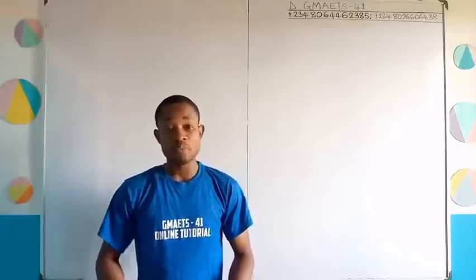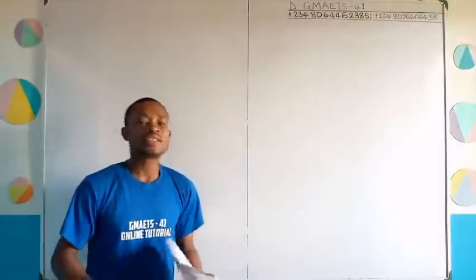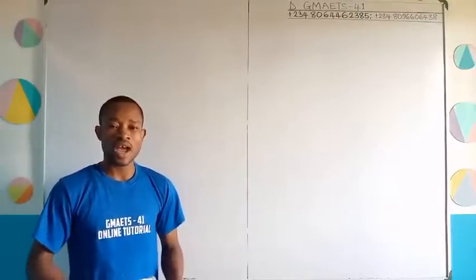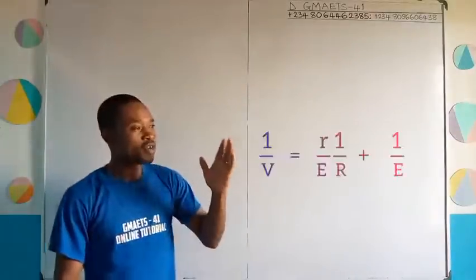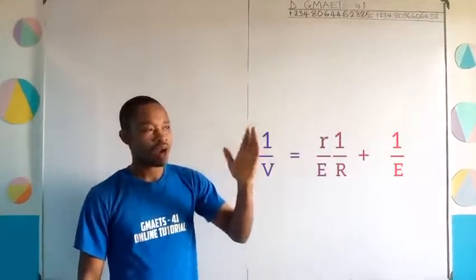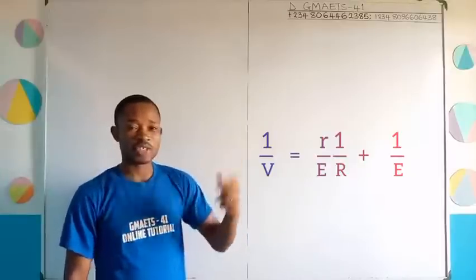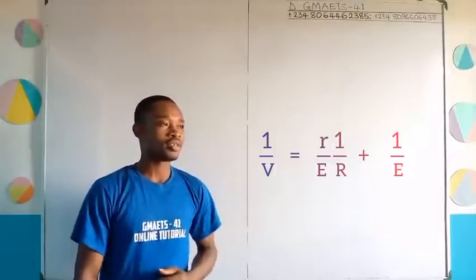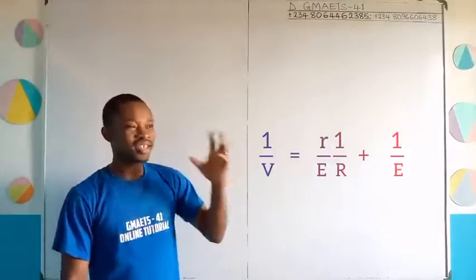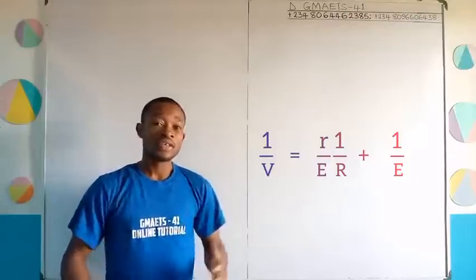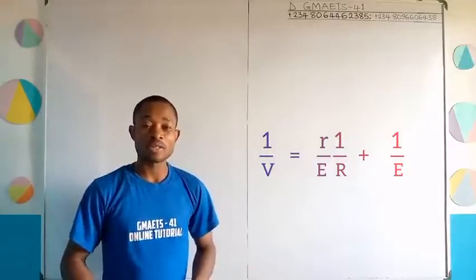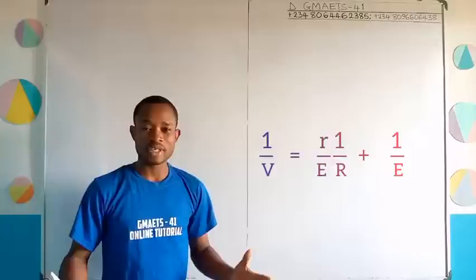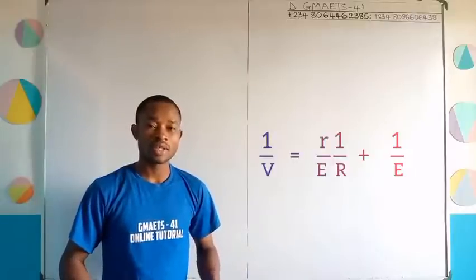However, it is important that I state that this particular experiment follows this experimental theory and formula: 1 over V equals small r over capital E, multiplied by 1 over R, plus 1 over E. This is the theoretical equation guiding the graph we are going to plot, and it was what guided our experimental work in the previous practical class.